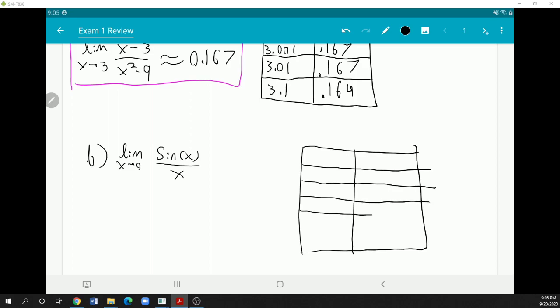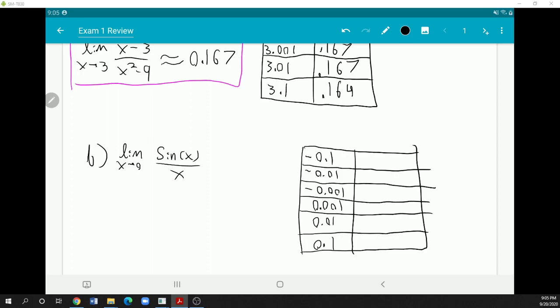So let me finish drawing my table. If I'm putting them in order, I get 0, plus or minus 1 1,000th, plus or minus 1 100th, plus or minus 1/10th. That's all that's going on here. 0.001, 0.01, 0.1.